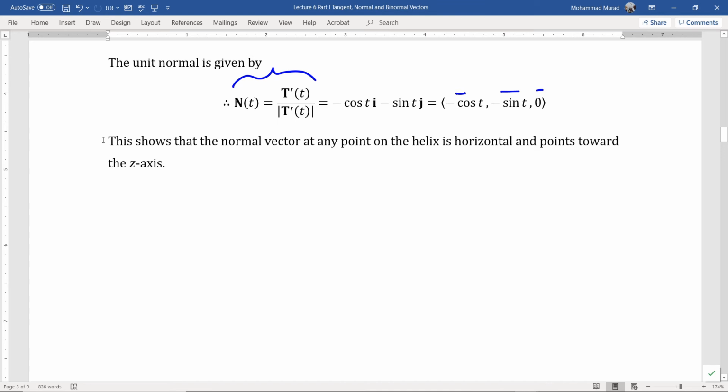This shows that the normal vector at any point on the helix is horizontal, since the z component of the vector is 0, and points toward the z-axis.